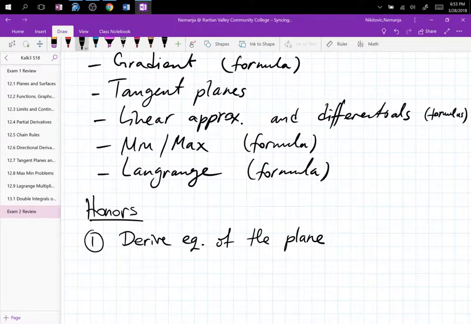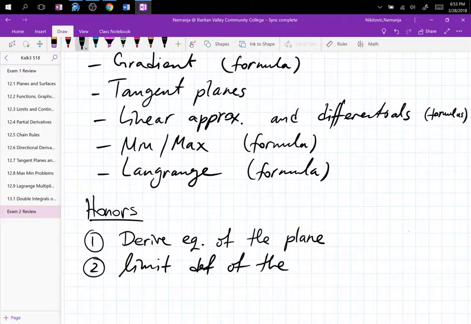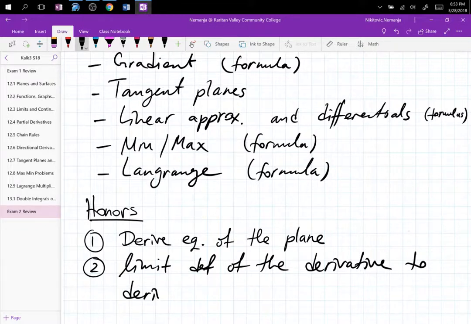The other one is to have the definition of the derivative, right? The derivation using the limit is the same as in Calc 1, except you just put comma h. So the limit definition of the derivative to derive the formula for partial derivatives.